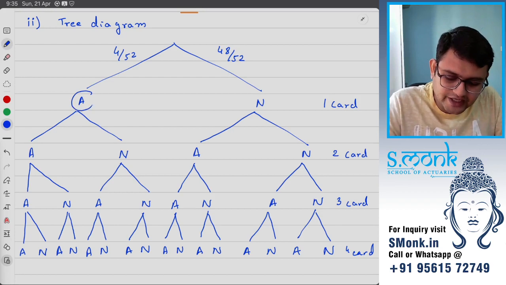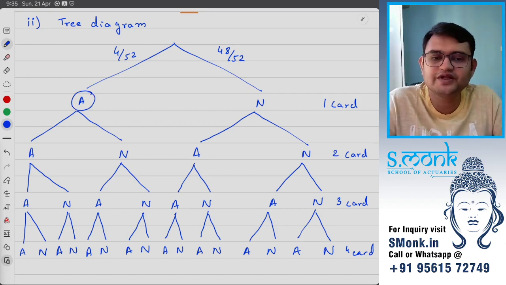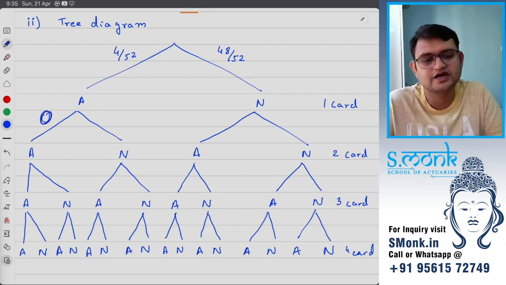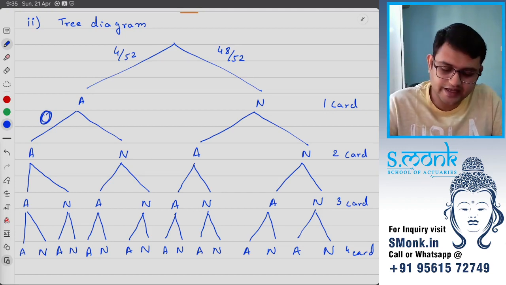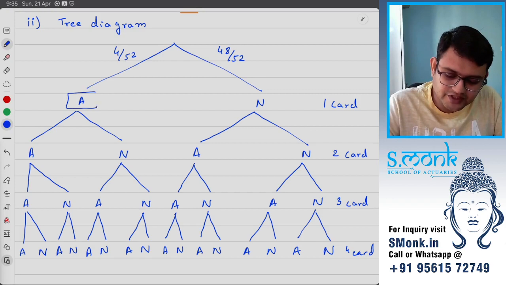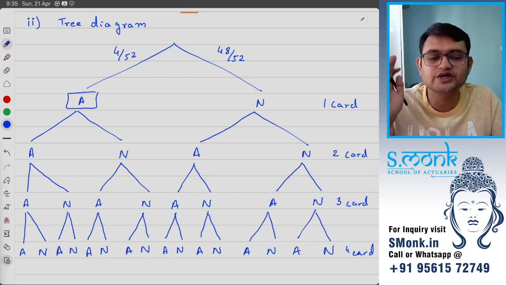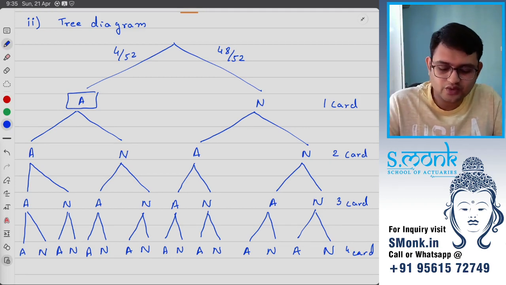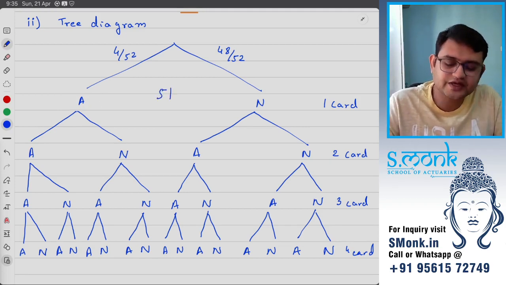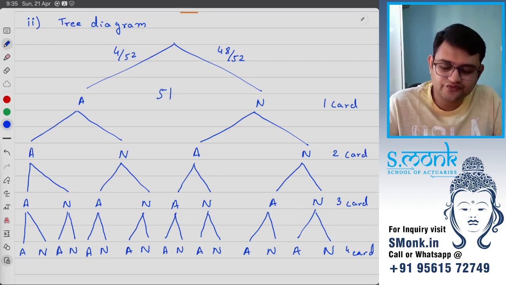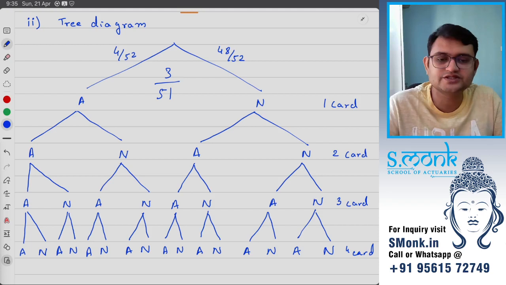Now, after getting an ace in the first card, what is the probability that I will get another ace? After getting an ace, what is the probability that I will get another ace? Now, after my first card has been chosen and I'm not replacing it back into the deck, in total, I have only 51 cards, out of which there are only 3 aces now.